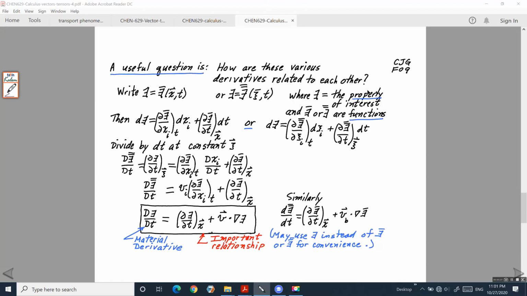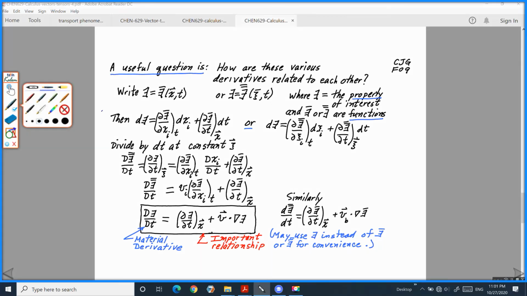Consider the river example again: the concentration of the fish is the property of interest, and these are functions of those coordinates, because the fish concentration depends on either x and t, or the material coordinate and t. So we can write that by the chain rule.